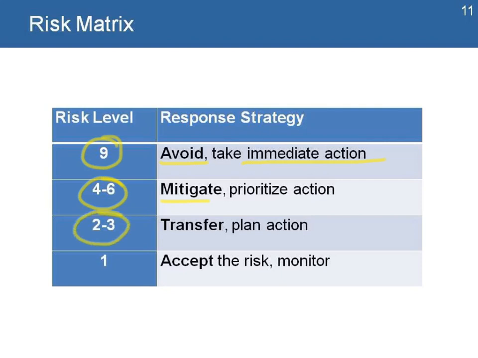Then for level 2 to 3, you transfer that, you plan the action. Maybe it's the project that doesn't have the skills, and then you find another organization who can do that, and that's the process of transfer. And when you have a very low level, most of the time the best action is to accept the risk, because if it happens, the impact on the project will be very small.